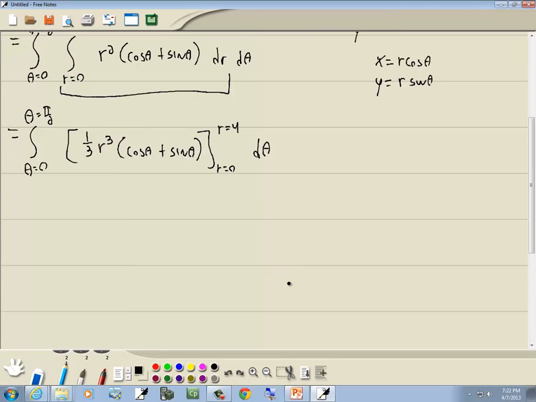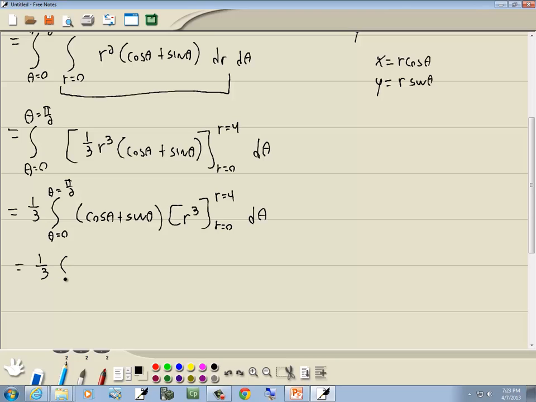Well, I can take the 1/3 and put it clear out in front. So I got 1/3, theta is equal to 0 to theta is equal to pi over 2. And I could even put the cosine theta plus sine theta out in front of the brackets there. So we've got cosine theta plus sine theta, r to the third from r is equal to 0 to r is equal to 4, d theta.